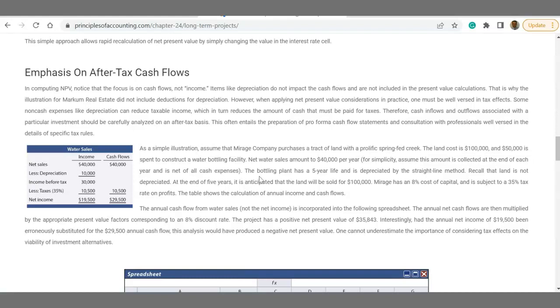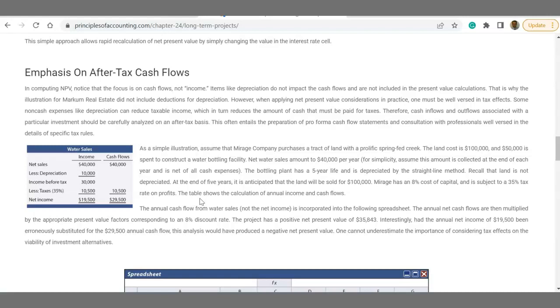The bottling plant has a 5-year life and is depreciated by the straight-line method. Recall that land is not depreciated, just the equipment. At the end of 5 years, it is anticipated that land will be sold for $100,000. Mirage has an 8% cost of capital, so I is 8, okay? And is subject to a 35% tax rate on profit.